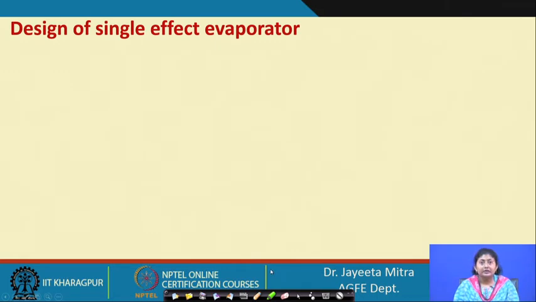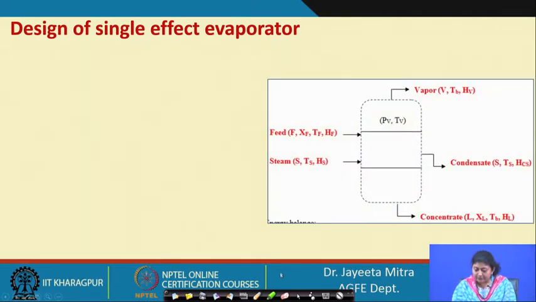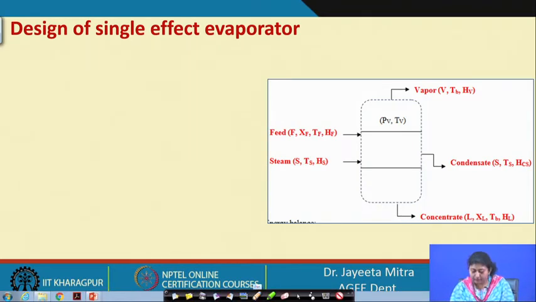Now, coming to the design of single effect evaporator. Let us see first what are the functions or mechanism that happen in a single effect evaporator. In a single effect evaporator, that means only one evaporator effect or chamber is there.